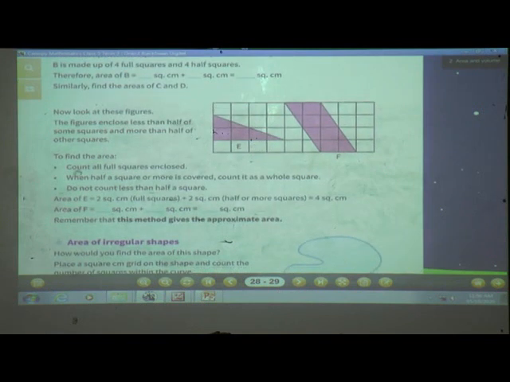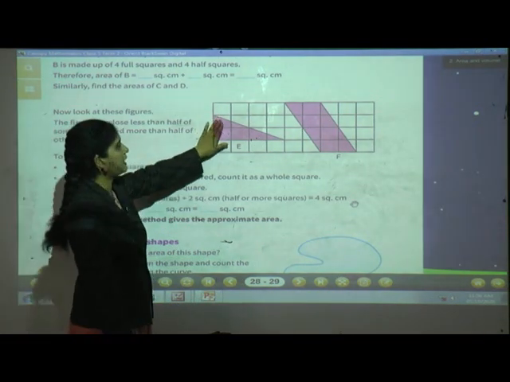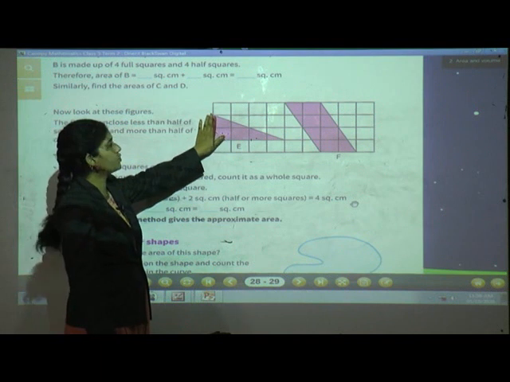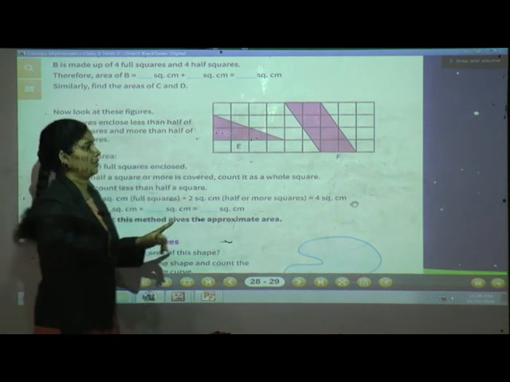So, here are some rules. Count all full squares enclosed. When half a square or more is covered, count it as a whole square. When half of a square or more than half is covered, count it as a full square.